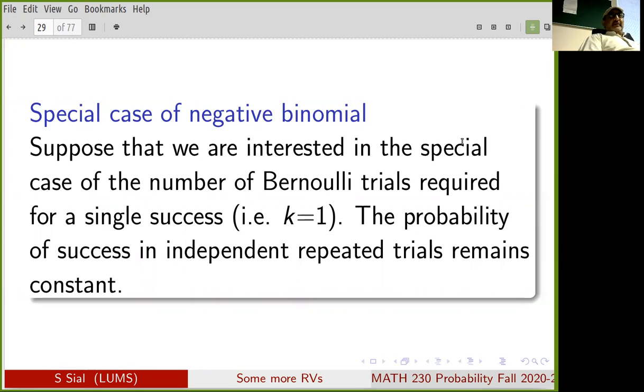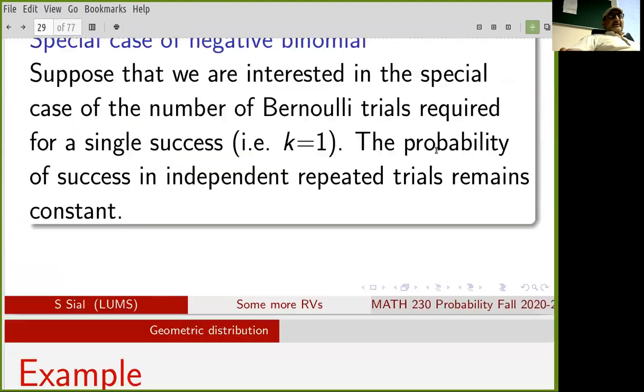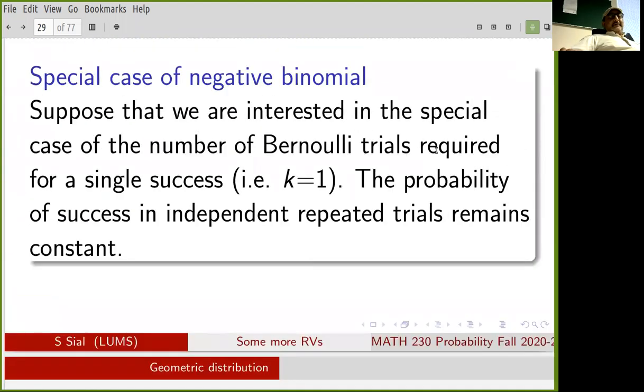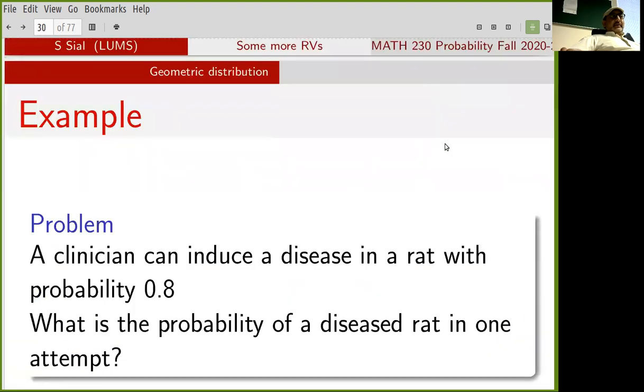And you just keep doing your experiment until you get that first success. So repeated Bernoulli trials until you get the first success. So in our notation for the negative binomial, we're looking at K equal to 1. Okay.